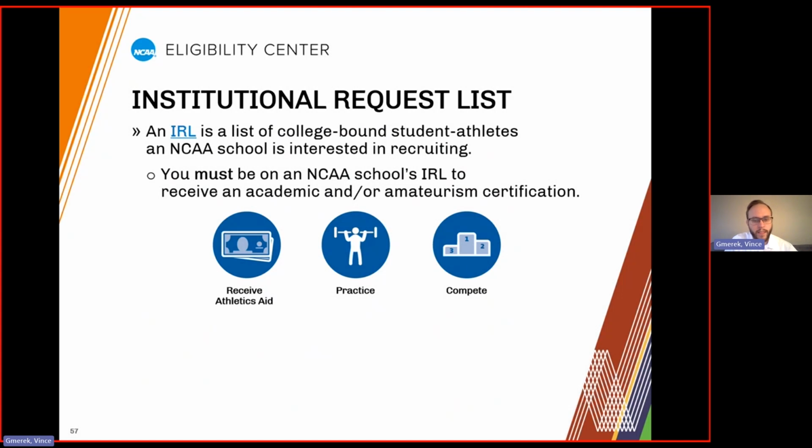So until you are being actively recruited by an NCAA school, we would not determine your initial eligibility. However, it's free and easy for NCAA schools to add you to their lists. So any school that you're interested in attending, you can always just contact them and ask them to add you to their IRL if they're interested in recruiting you.